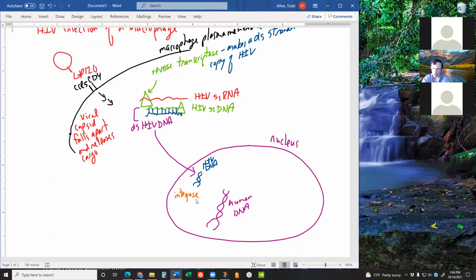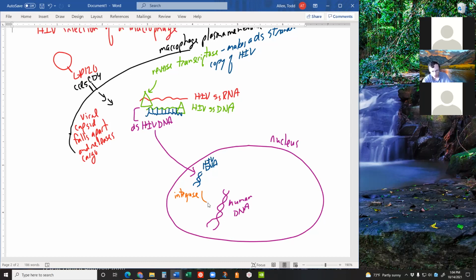Long story short, integrase is an enzyme that has the ability to cut the nuclear DNA of the human cell, to separate it into two fragments, to grab onto the HIV DNA, stick it into position, and glue it back together. So this enzyme has the ability to integrate the viral DNA into the host cell DNA.